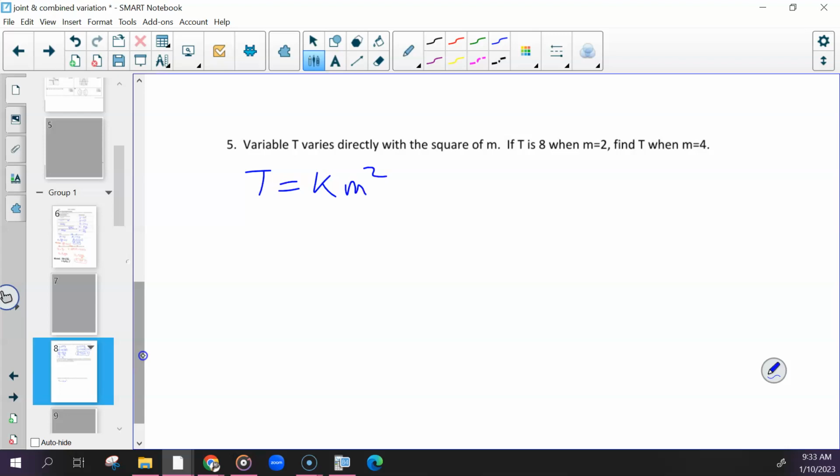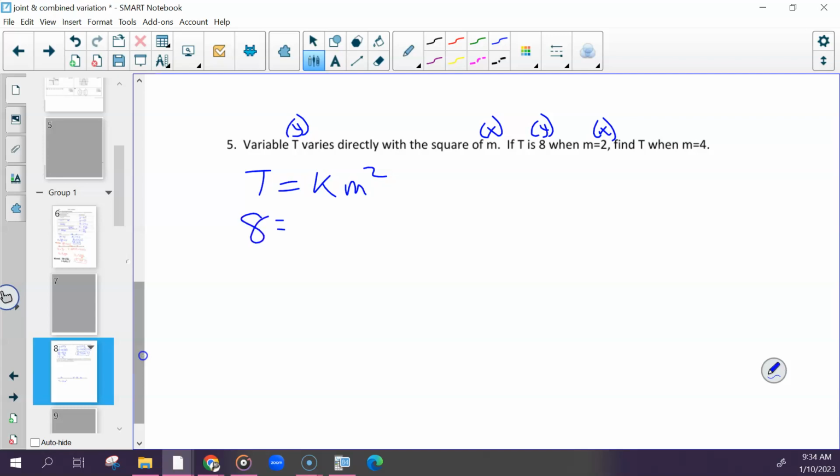After we do that, because this is directly and we only have 2 variables besides the k, t would be like our y, m would be like our x. However, because this is squared, just put in the numbers you have, kind of like what we just did.